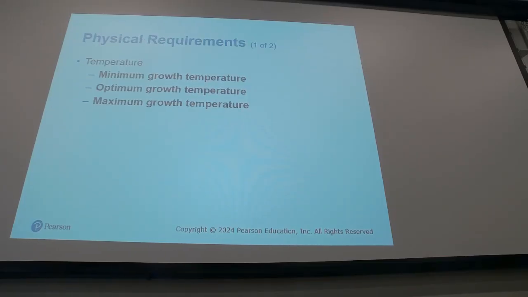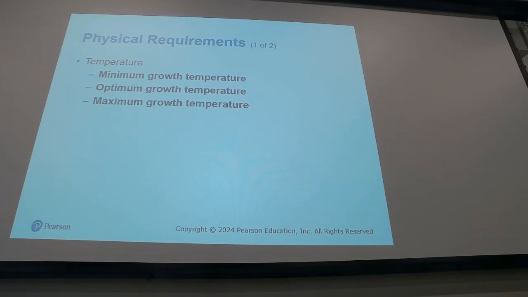So in terms of temperature, temperature is important for microorganisms to grow, and it will be in a range. Within that range you can have the minimum temperature that the microorganism can use for growing. This is called the minimum growth temperature. And then within that range, the point where the microorganism grows the best will be the optimum growth temperature.